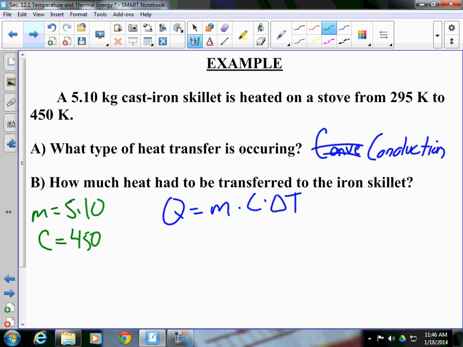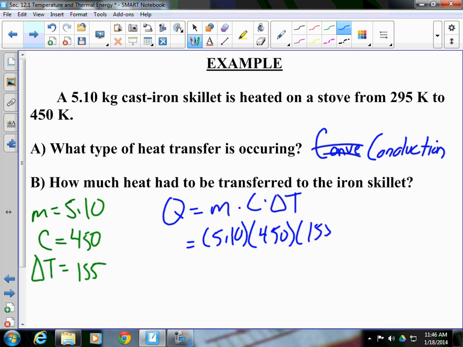And likewise, our change in temperature, 295 to 450, is a difference of 155. We take our mass, 5.10, times our specific heat, 450, times our temperature change, 155. We multiply these together and have 2 sig figs, so our answer becomes 36,000 joules.